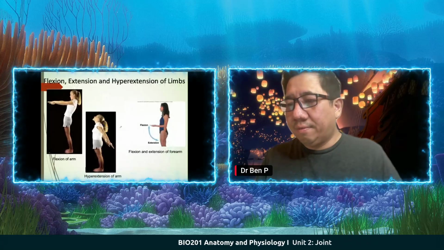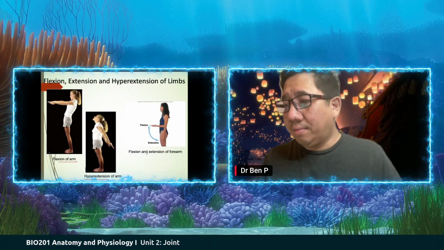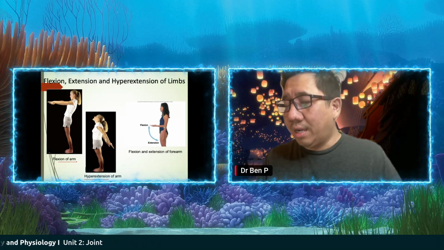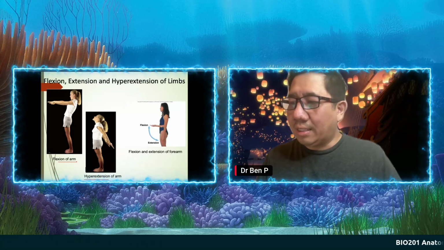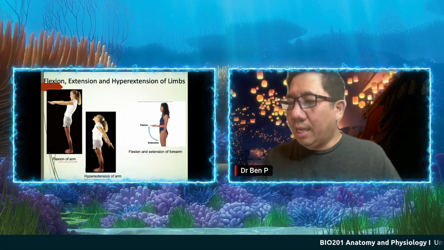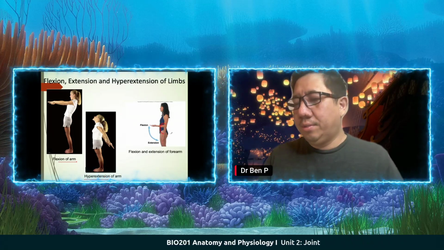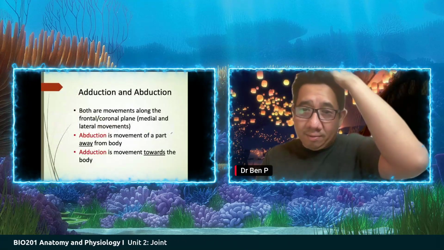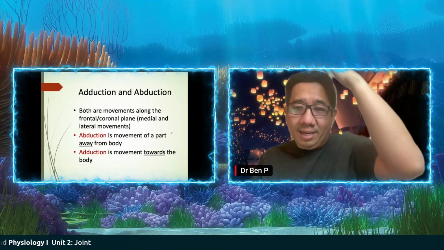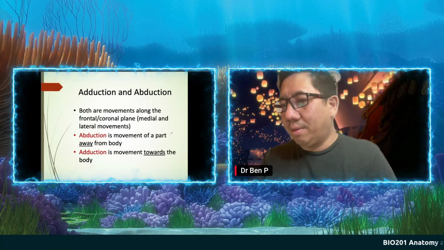Again, this is flexing your arm, flexion of your elbow, then extension. Flexion is decreasing the angle; extension is increasing that angle. You cannot hyperextend your elbow because the olecranon fossa will prevent you from hyperextending your elbow.